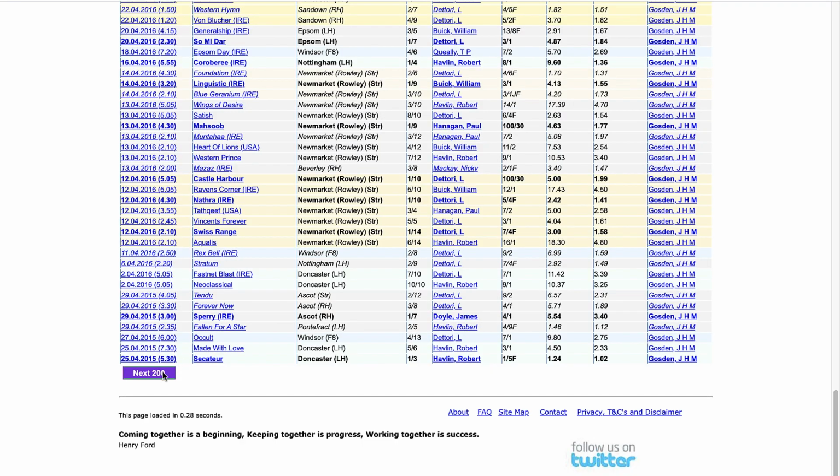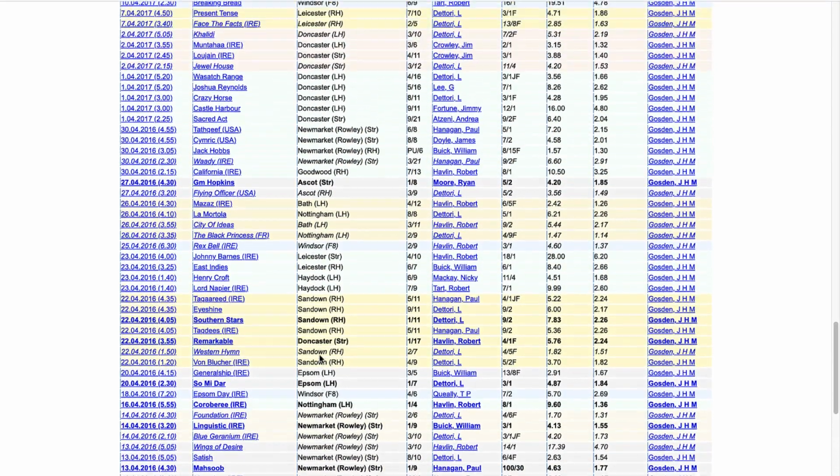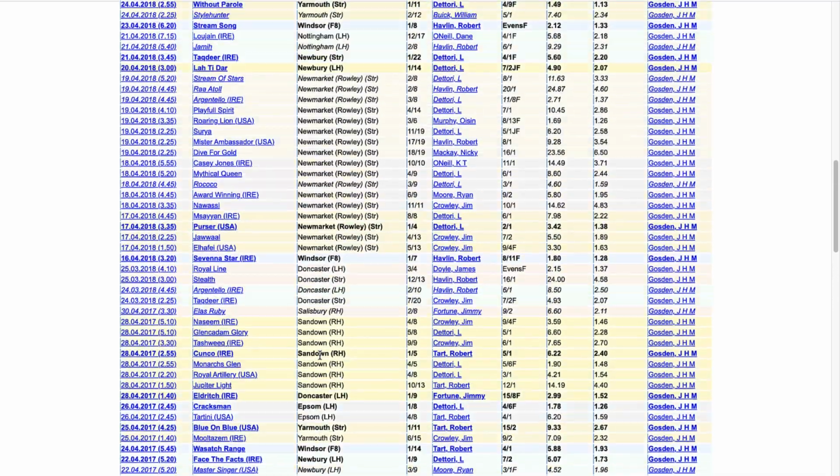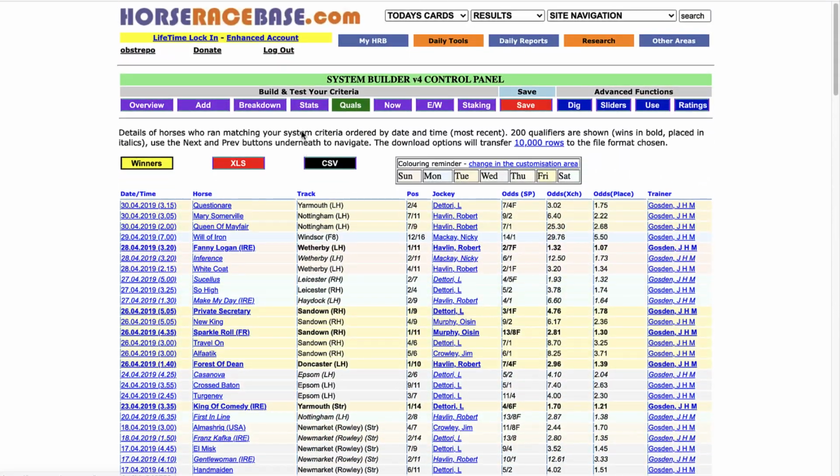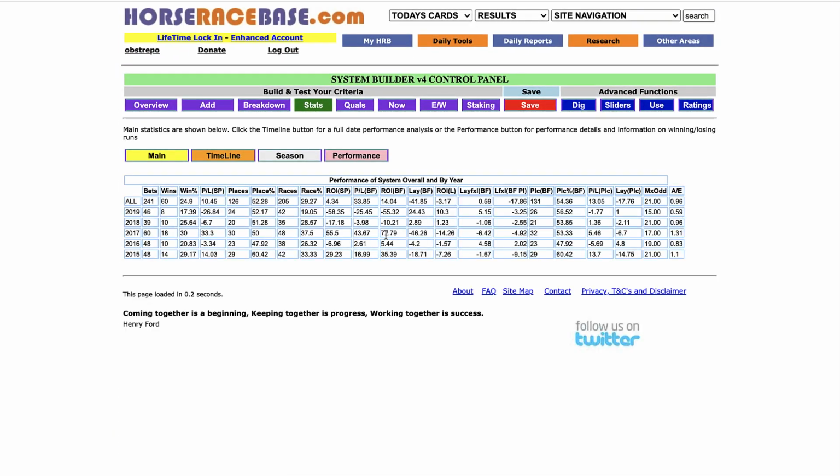No particularly large ones that we see there. But the fact that it's made a loss in 2018 and 2019 and there's only a 33-point profit overall, I really don't think it's going to be worth us diving in deeper into that one.